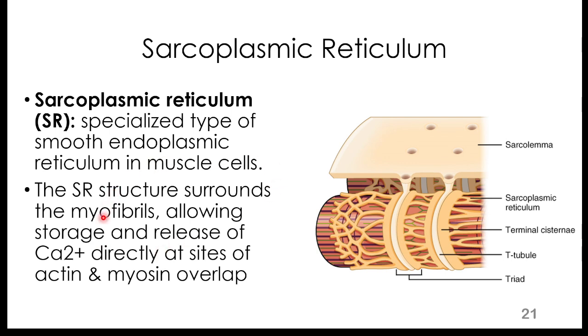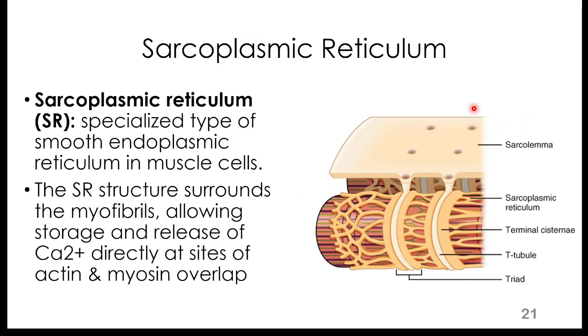The sarcoplasmic reticulum stores and releases calcium ions, because calcium is necessary for muscle contraction, and so the calcium is stored within the sarcoplasmic reticulum inside the muscle cells and is released when needed.